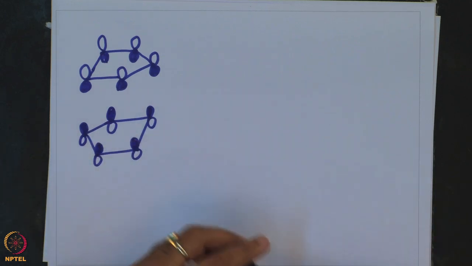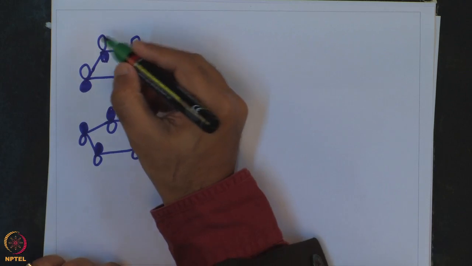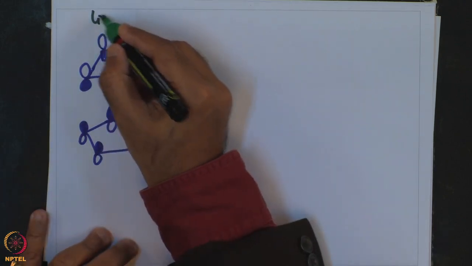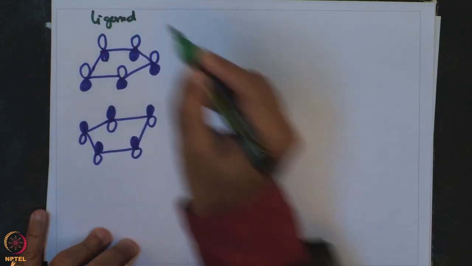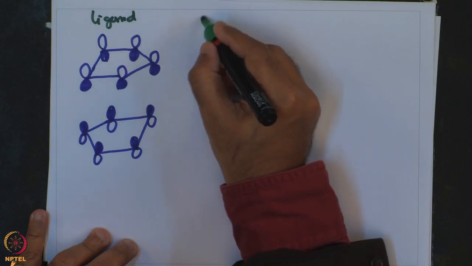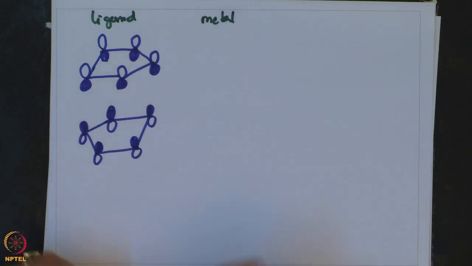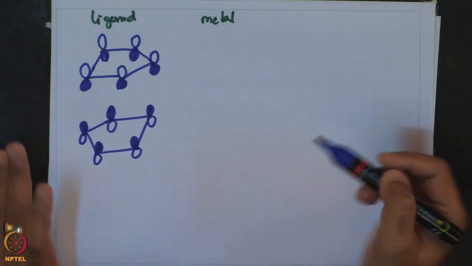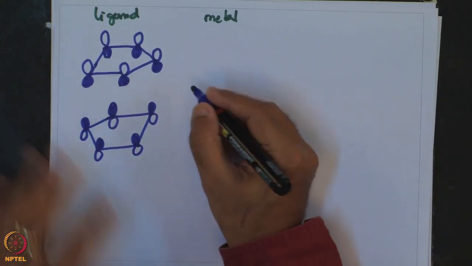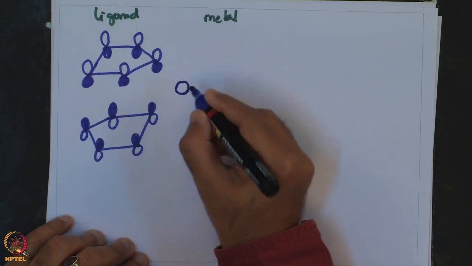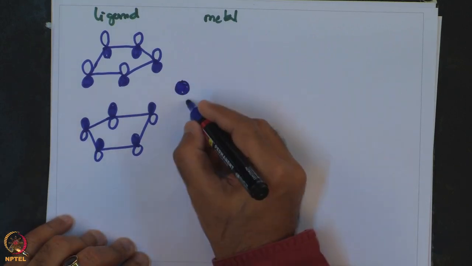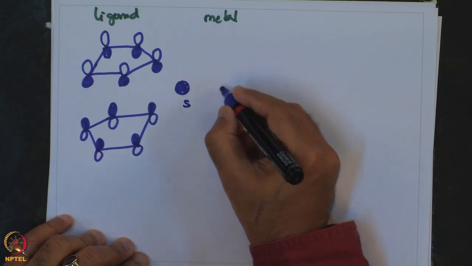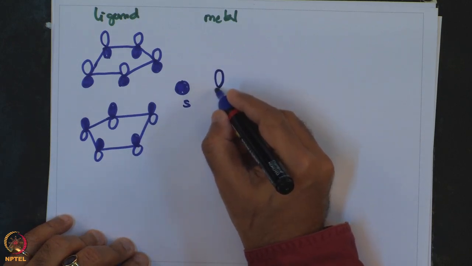So, these are the ligand fragment molecular orbitals, FMOs, and the metal actually can interact with two orbitals. One is the S type as well as the dz square.